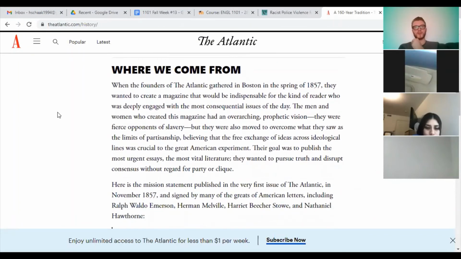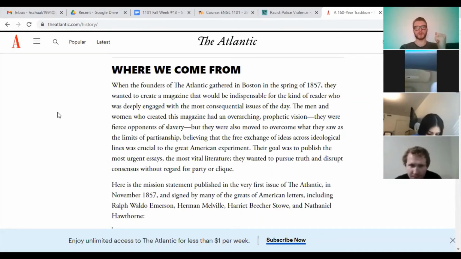They say that when the founders of the Atlantic gathered in Boston in the spring of 1857, so this magazine's been around since 1857, they wanted to create a magazine that would be indispensable for the kind of reader who was deeply engaged with the most consequential issues of the day. The men and women who created this magazine had an overarching prophetic vision.